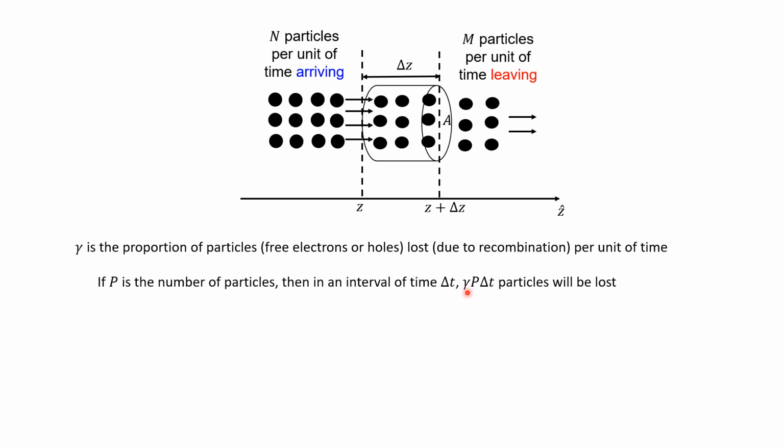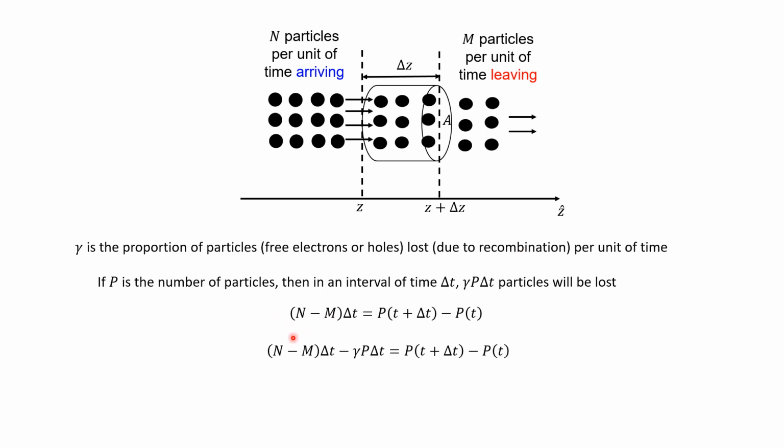So that means that gamma times P times delta t is the number of particles lost in an interval of time delta t. Now recall that this is the mathematical statement that the number of particles arriving minus the number of particles leaving gives the number of particles that are left in the box. So this is the increase in the number of particles after an interval of time delta t due to the flux, and this term is the net number of particles arriving in the box.